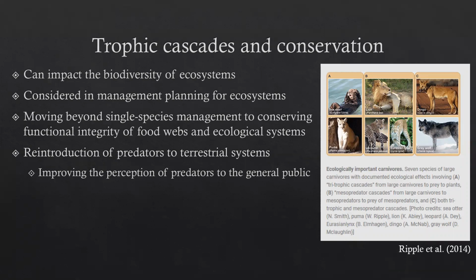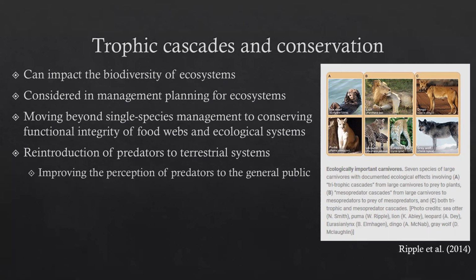And so we want to think about, when we are prioritizing ecosystem preservation or ecosystem management, which ecosystems do we focus on? Should we look at reintroducing more predators to the landscape? Moving beyond single species management to conserving the integrity of these food webs.